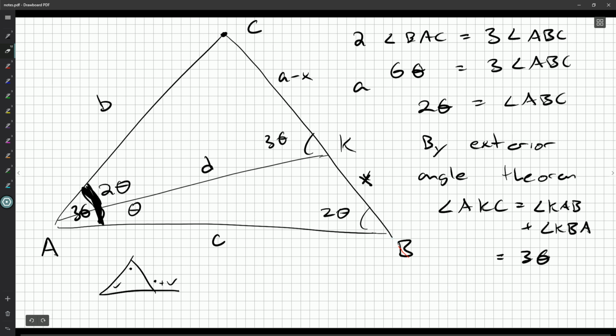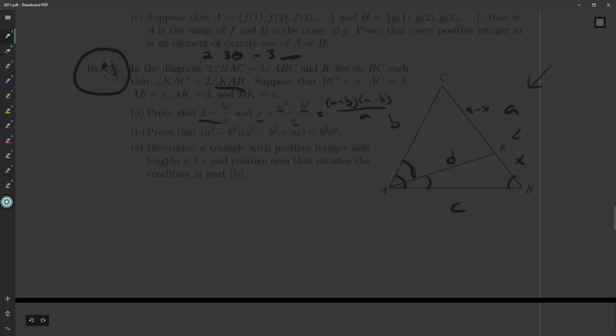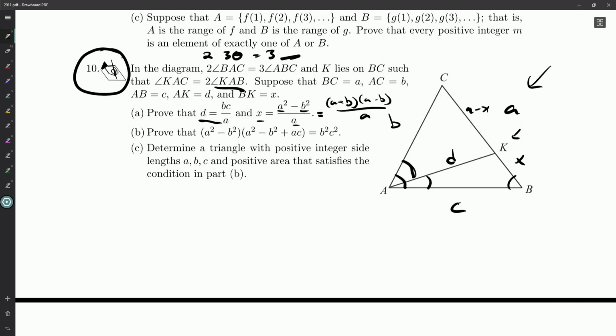So I might have to talk about cosine law or something here. They want a squared minus b squared over a. Now I did write it as a plus b over a minus b. Could we drop something like k over here?